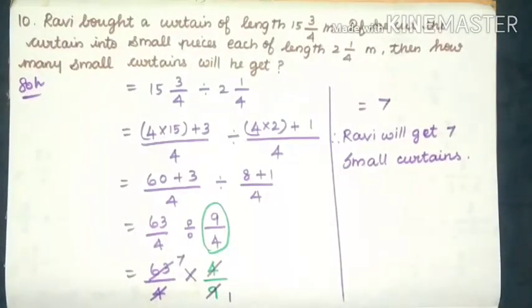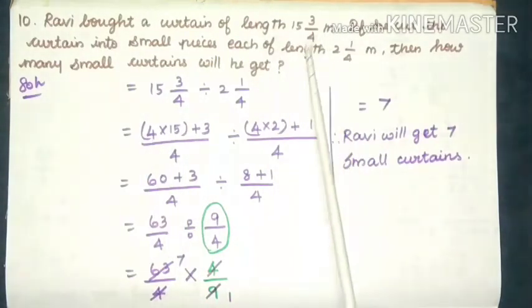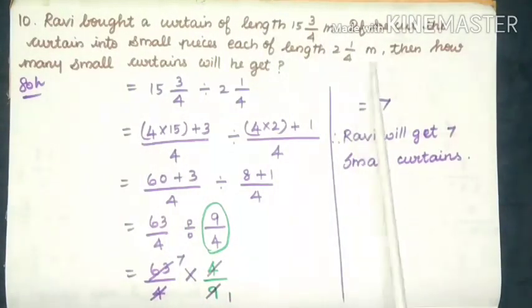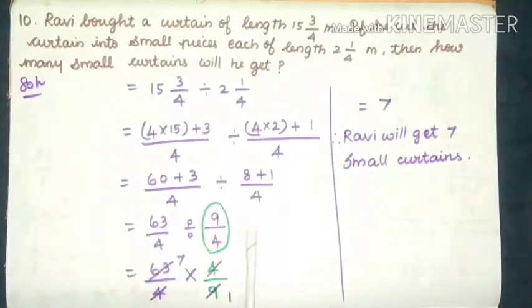Students, is it clear now why we have to divide these two fractions? Because Ravi divided the total length of the curtain by 2 1 by 4 meters. So we have to divide these two fractions. For that you have to change this mixed fraction into an improper fraction. 63 by 4 divided by 9 by 4.